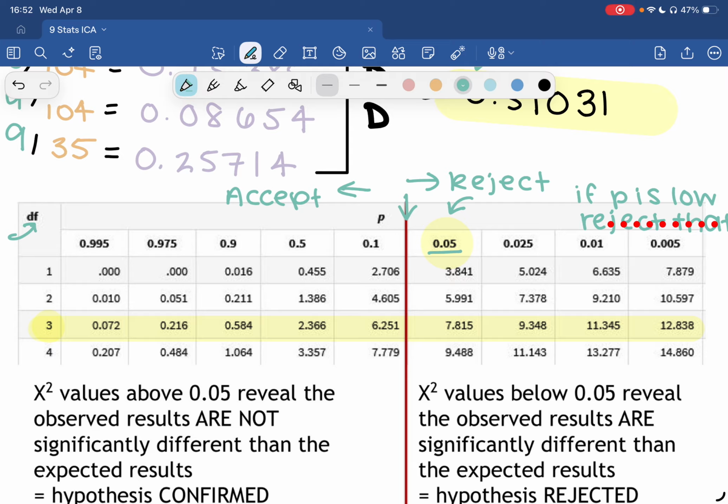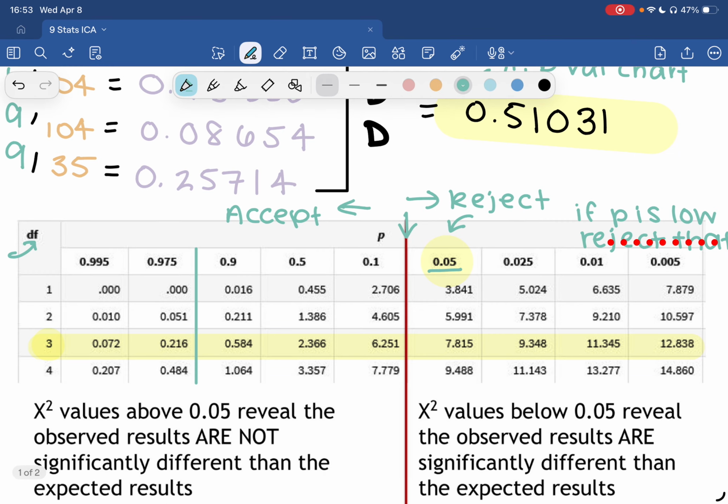For us, it would be right about here in between this little area, where you have 0.216 and 0.584. So it's pretty close to that 0.9, pretty close to this value right here. So again, if you turn those into percents, you're saying 97.5% and 90%. So again, it is on the left of the table, on the left of that line, so we would accept our null hypothesis.